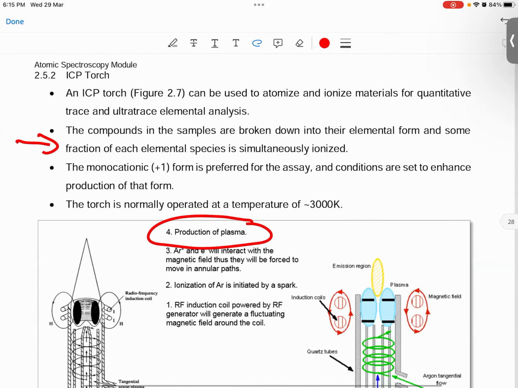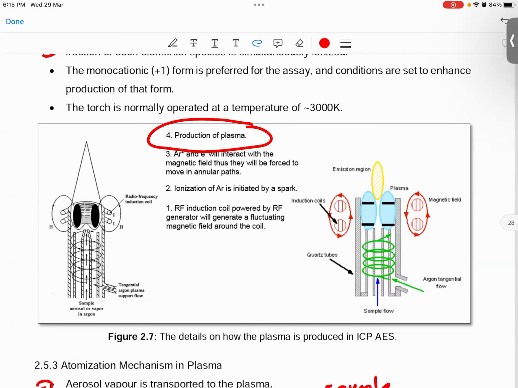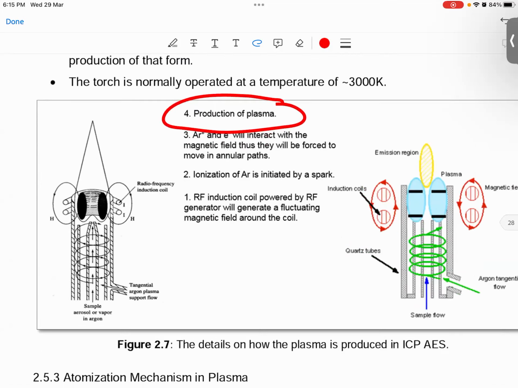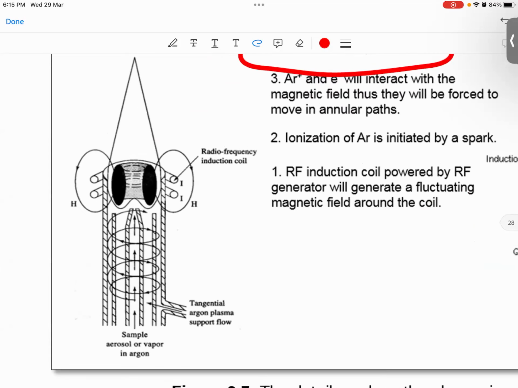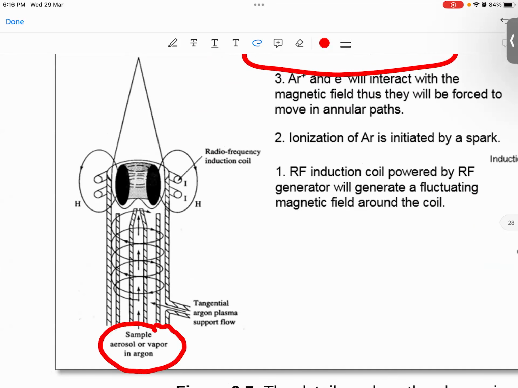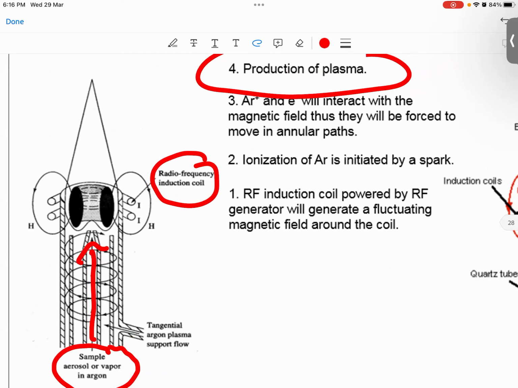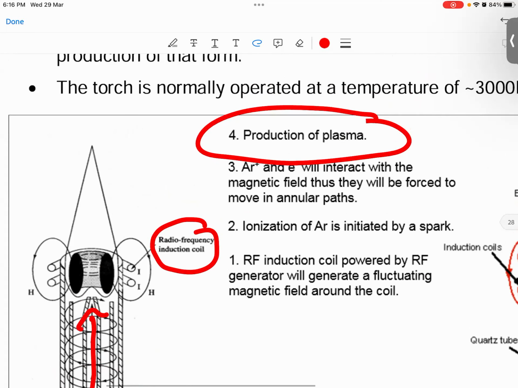This is what we call the heart of the inductively coupled plasma. It's very technical. You can see here this is where argon is used. Mostly we have to use argon, and you can see the argon moves here. We have a combination of radio frequency and magnetic field to produce the plasma.